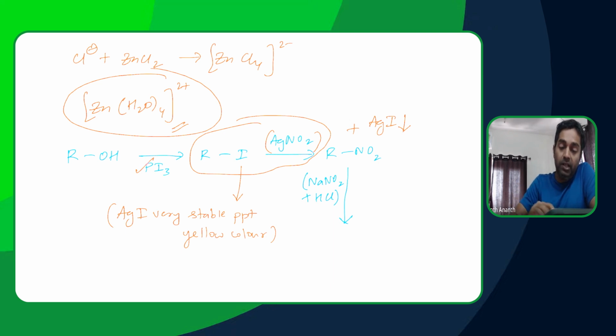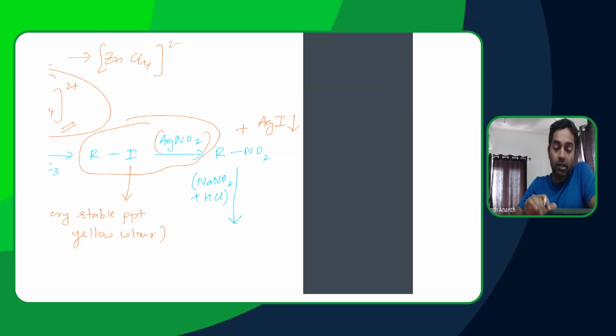Now let's talk about what happens in the RNO2 stage and afterward. Let's say I'm taking a primary alcohol. Ethanol is a fellow there.